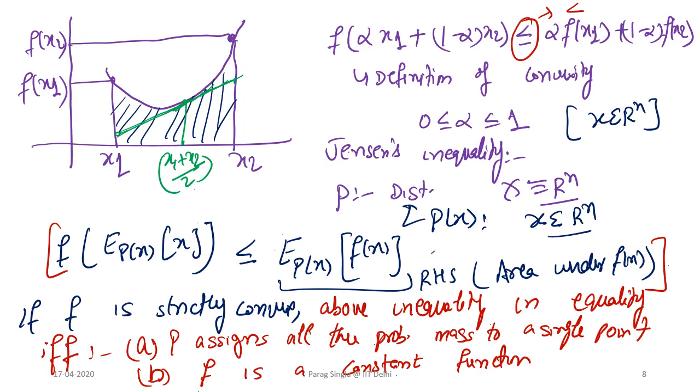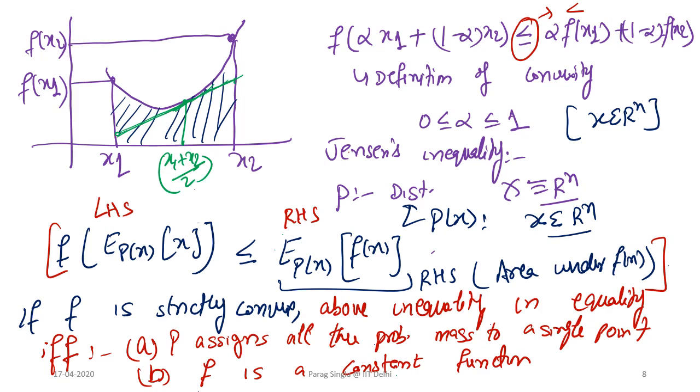So once again, what are we saying? We stated Jensen's inequality where this is our LHS and this is our RHS: f of the expected value of x under this distribution p is less than or equal to the expected value of f of x under p. And we are interested in figuring out when this inequality becomes an equality, assuming that f is strictly convex.